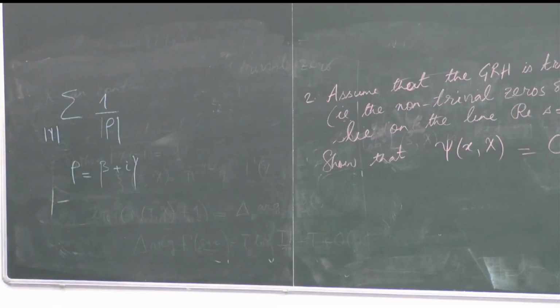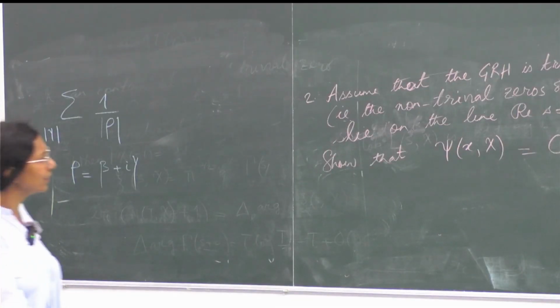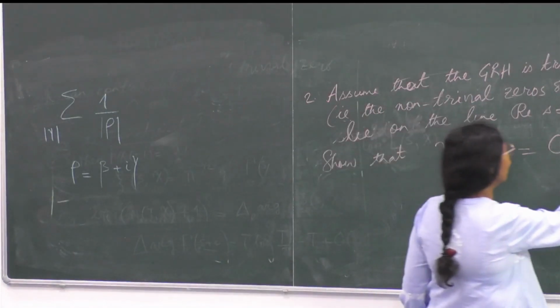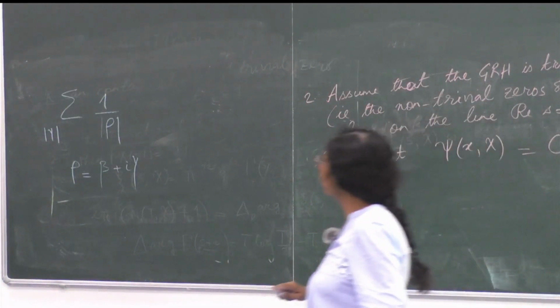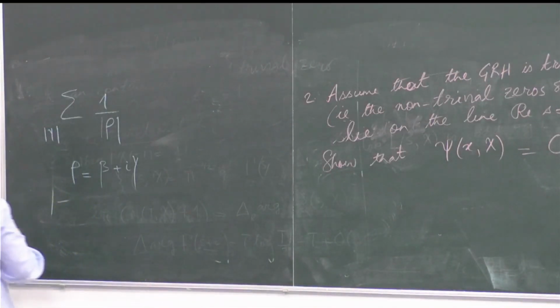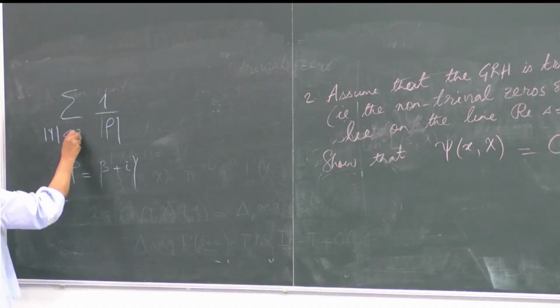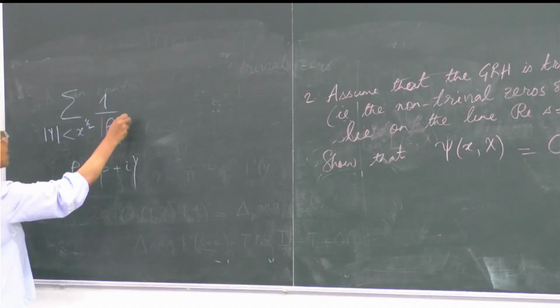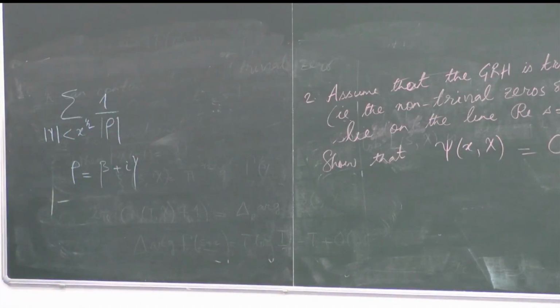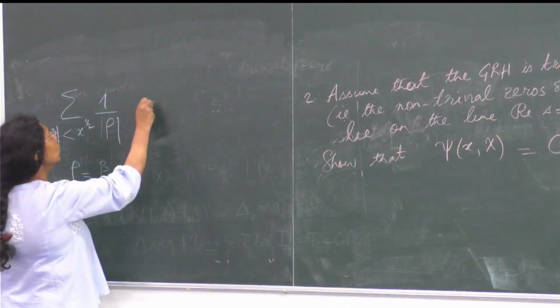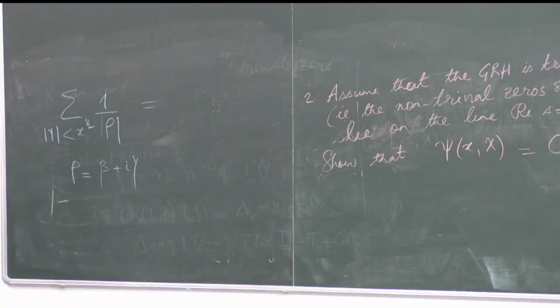So what would it be nice to have it to be less than? You see what I have here. This I have at x power half here. So if I take this to be less than x power half, then what should this be equal to? I mean, it will not be equal to anything. It should be estimated by something. What is the maximum that you can expect from here?